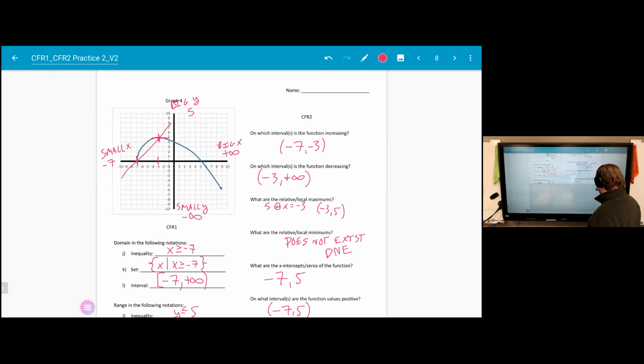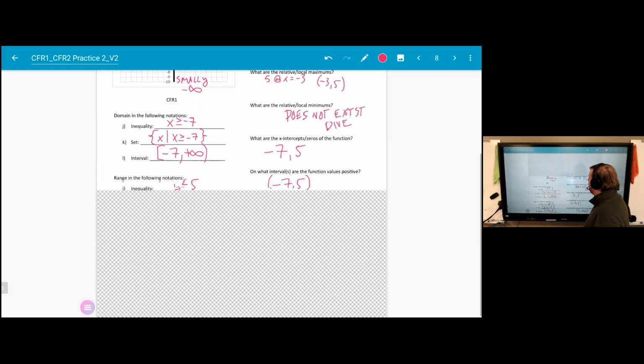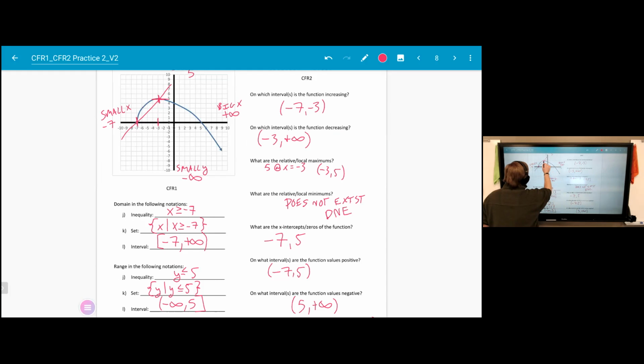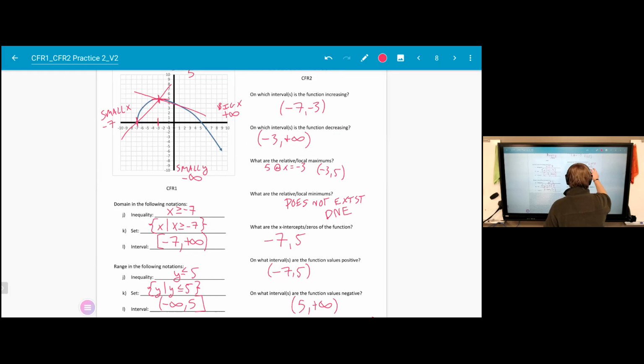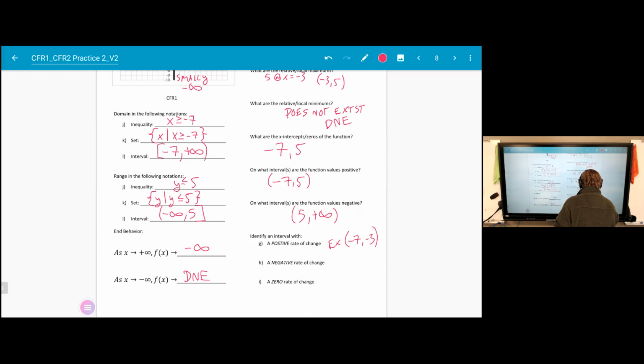Our next question is a negative rate of change. I'm going to say from x equals -3 to x equals 2, because that would also be a negative rate of change. So my example is from -3 to 2 of a negative rate of change. How about that 0 rate of change?